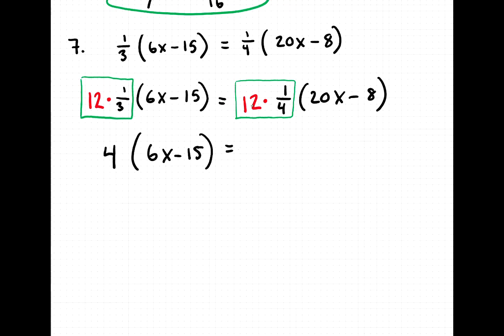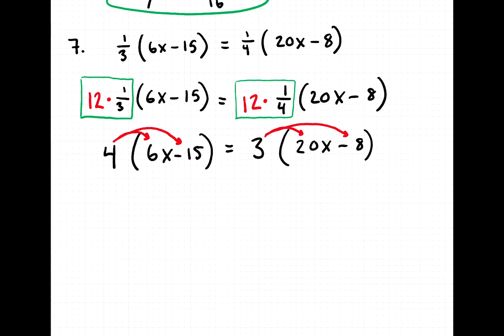And on the right-hand side, 12 times 1 over 4, or 12 over 4, equals 3. And we have the 20x minus 8. Now we can distribute and proceed as we did before. Now that we've eliminated the fractions, we can multiply through the 4 and we can multiply on the right through the 3.